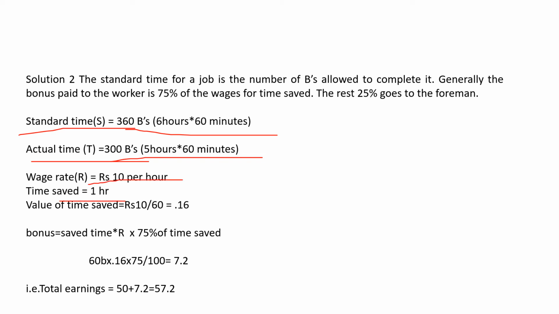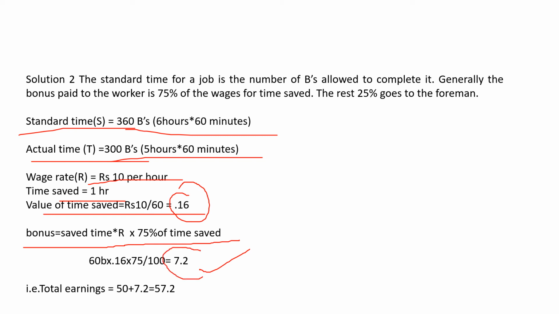So time saved is what? 1 hour. 1 hour means he has saved 60 Bs. So value of time saved will be calculated as rupees 10 divided by 60, which is 0.16. So bonus is equal to saved time into rate into 75% of time saved. We can put in the same formula and we are going to get the bonus.